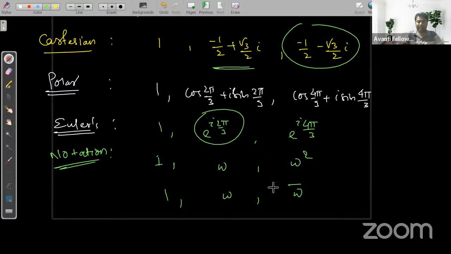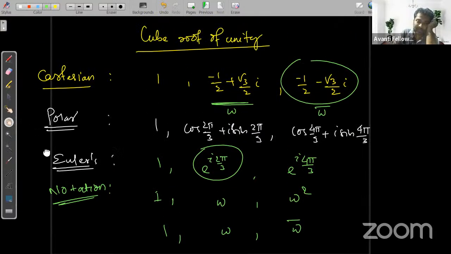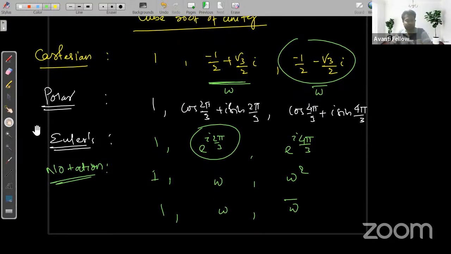Yes or no? So if this is omega, this will be omega bar, the conjugate of omega. So these are the notations of the complex cube roots of unity. Is that clear to everyone? Okay. Now we will study some properties of the cube roots of unity.